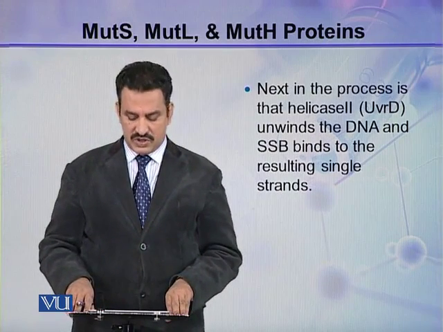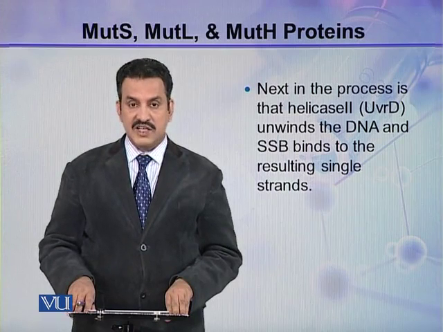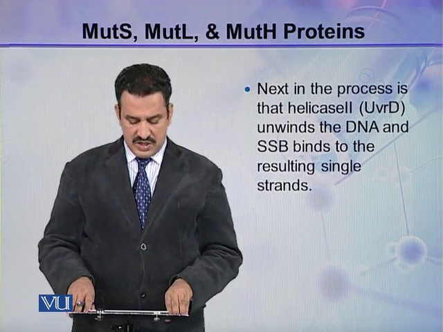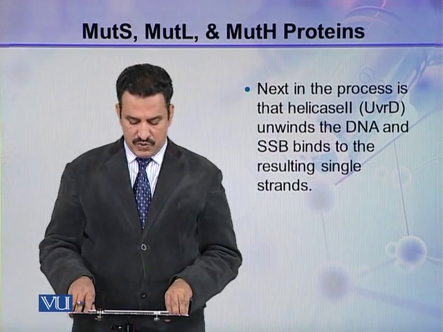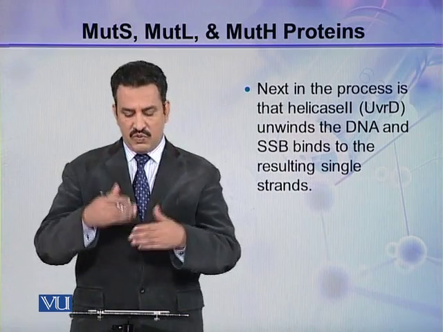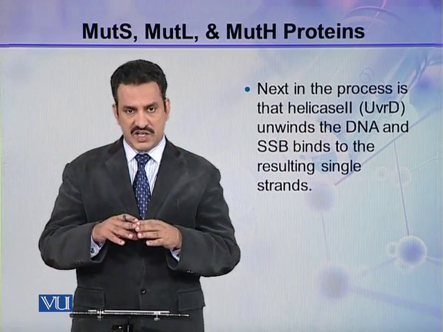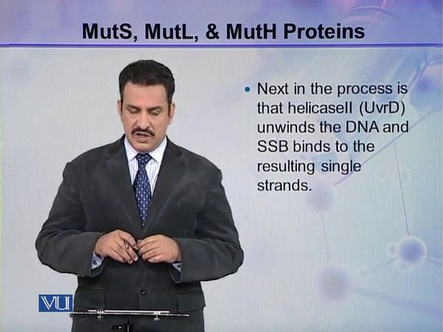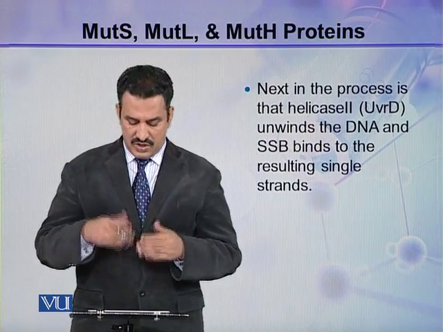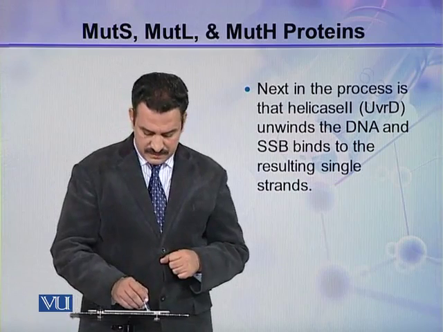Next in the process, helicase II, which is also called UvrD, unwinds the DNA, and SSB protein binds to the resulting single strands. So next is the unwinding at the mismatch site, so that SSB may bind to the unwound strands.